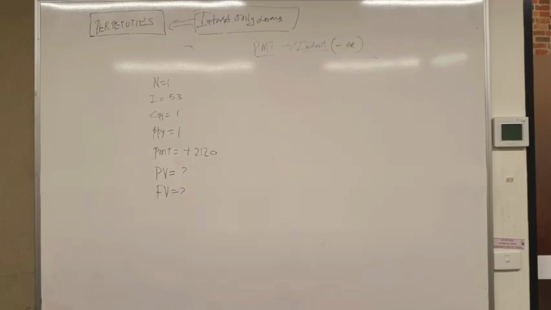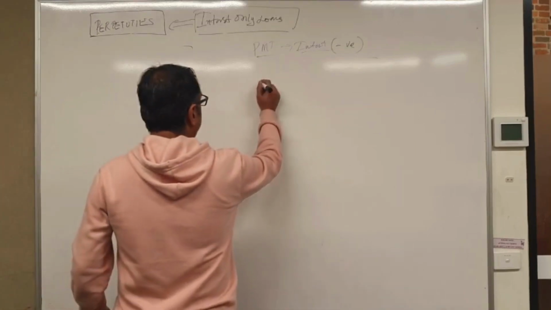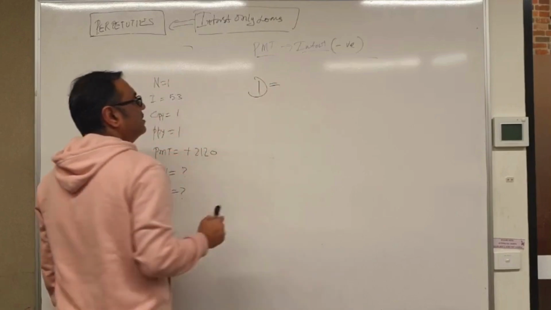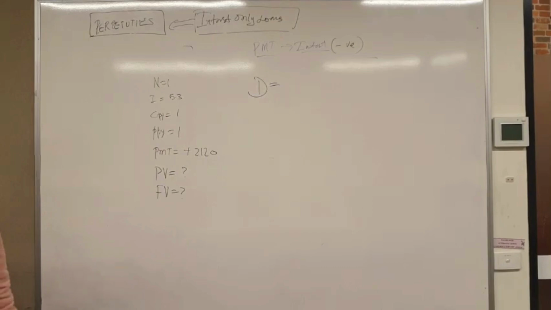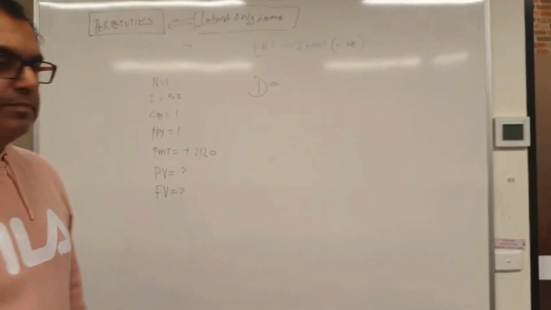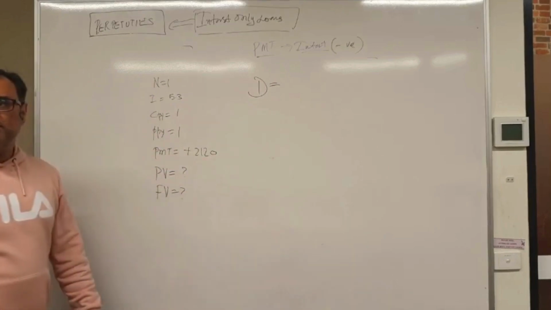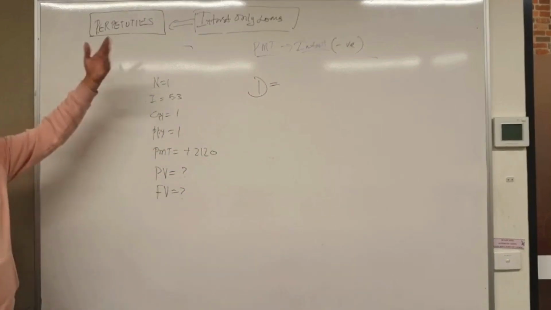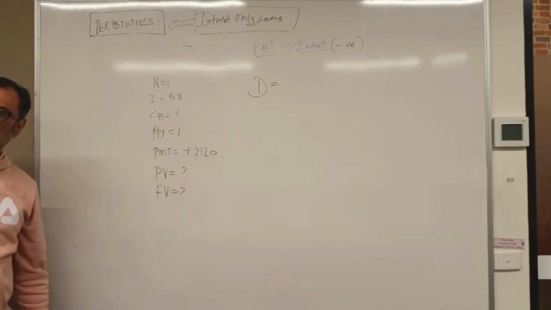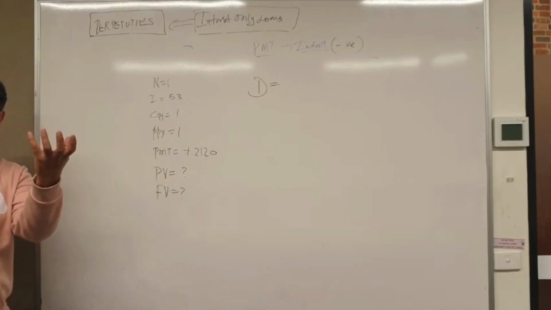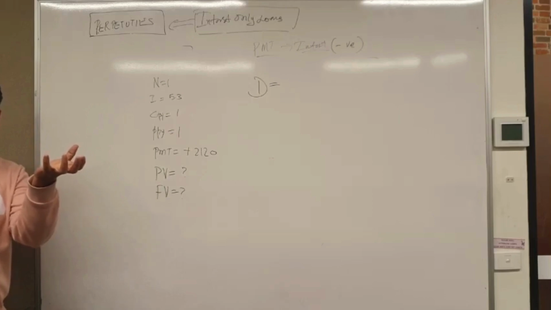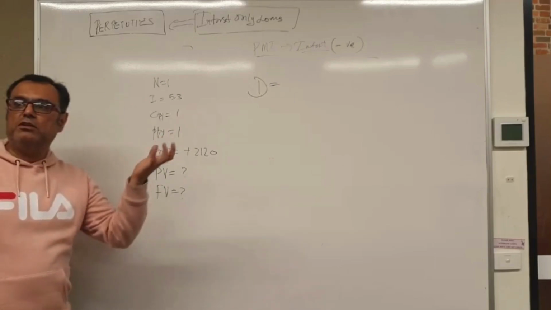And what is the formula? The formula is, your monthly payment is what? What is the monthly payment here? In the world of interest only, what's monthly payment? Only the interest part, right? Interest of what?